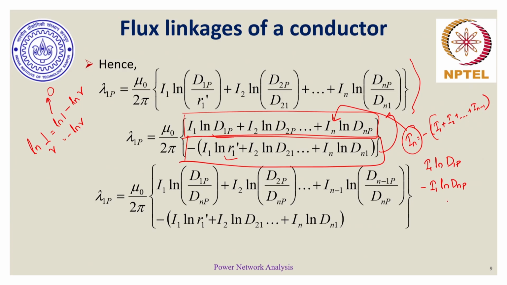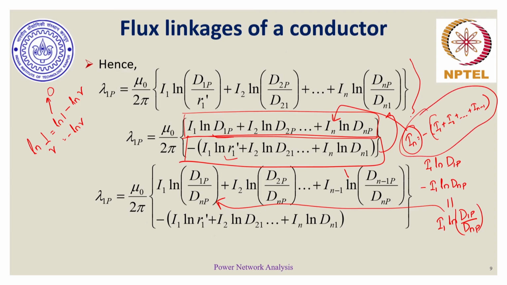I can combine these two and write it as natural log of d1p by dNP, which is what you are seeing over here. Similar terms come in for the other expressions, and after substituting this current In into the expressions, we are now getting ratios of distances of point P from the individual centers.